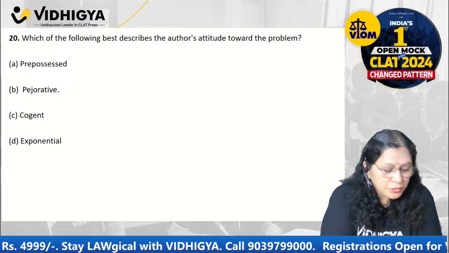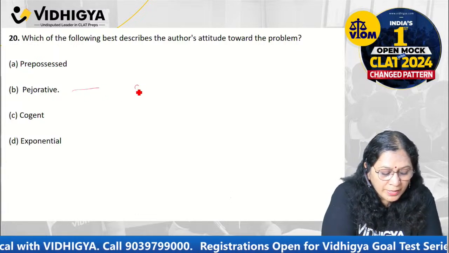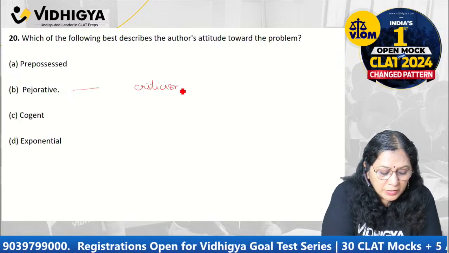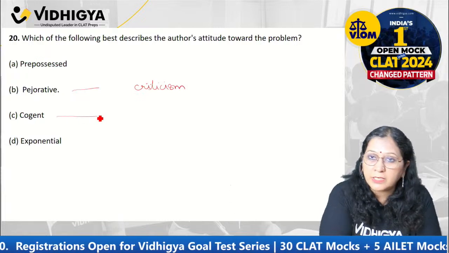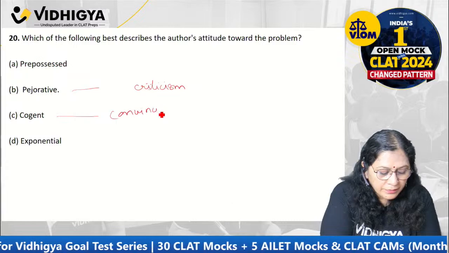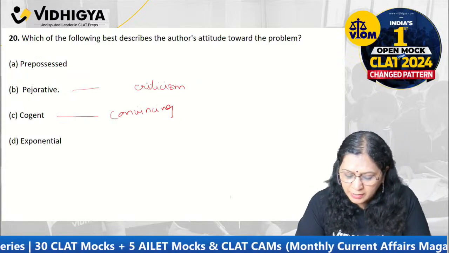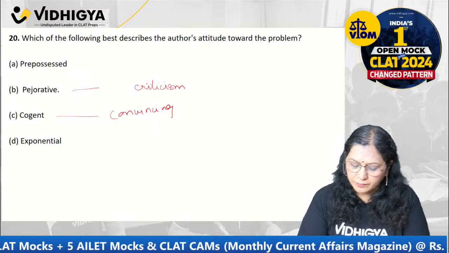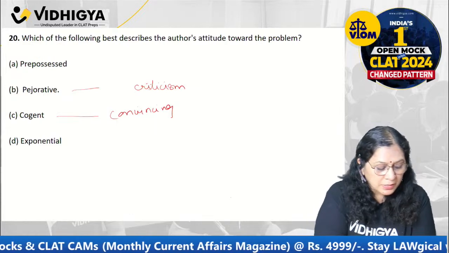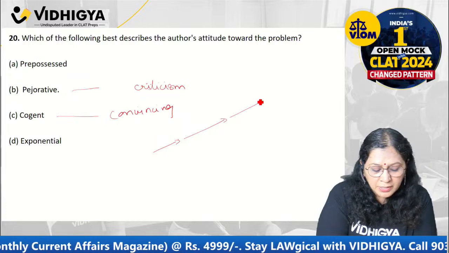Or pejorative, that means what he says is very much full of criticism. ठीक है. Cogent is like convincing, cogent arguments होते हैं. और exponential, exponential का मतलब क्या होता है? Exponential rise in the prices, right? मैथ्स करते करते तुम्हें एक्सपोनेंशियल टर्म आ जाना चाहिए.